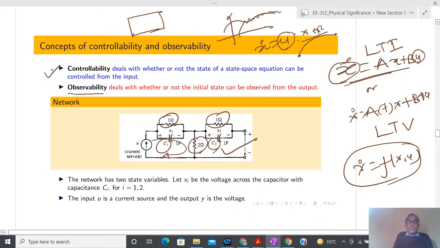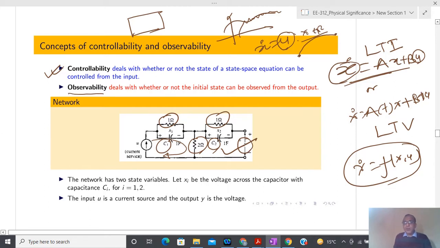Controllability means that whatever current you apply is not going to change the state of this system. Another notion is observability. Whenever I talk about observability, I measure the output and, using the output, try to see whether it is possible to know the other state variables.